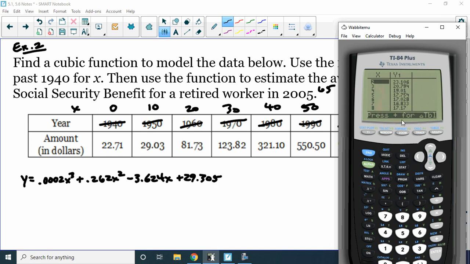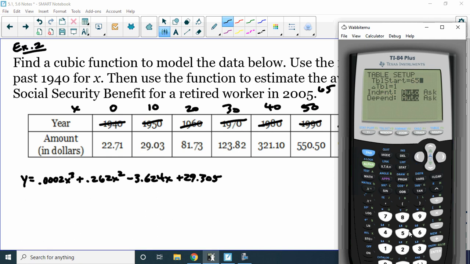You could push down 65 times, or I guess 63 times for me here. Or it says press plus for delta table. If I push plus, it's only giving me the opportunity to change my delta table. So you could make this something so that it'll jump up to 65, or probably even a better way, let's look at our table set. Second window will set up my table. It wants to know where I want to start my table and how much I want to change it by.